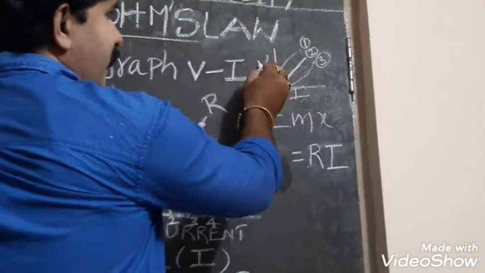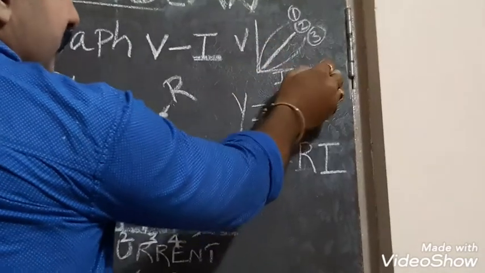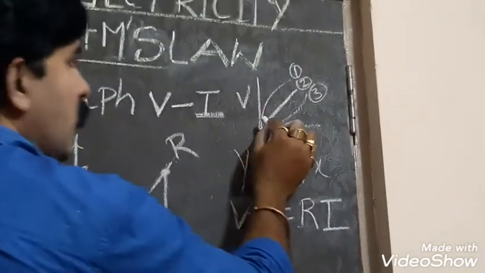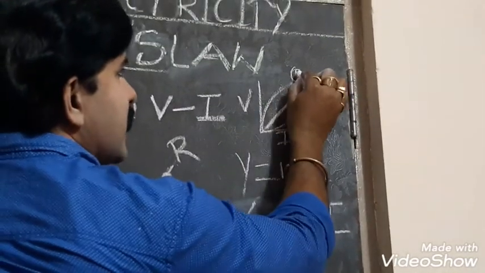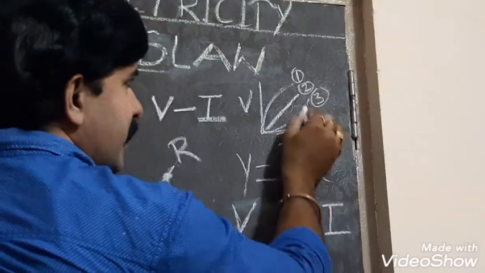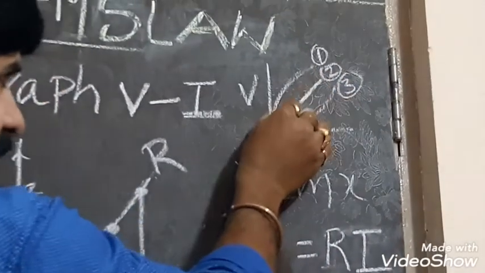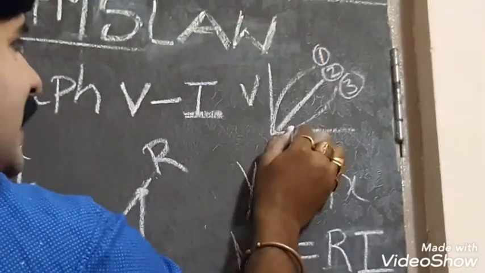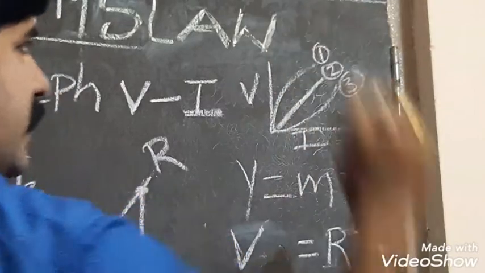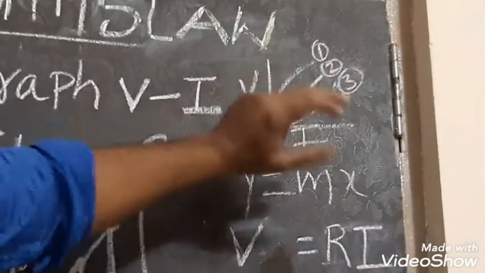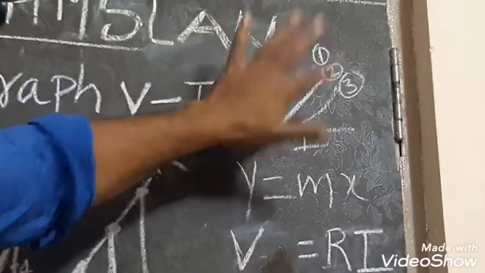There is a VI graph like this. One graph is numbered 1, another is a straight line passing through origin, and another is a curve. He numbered the graphs like this, number 1, number 2, number 3.